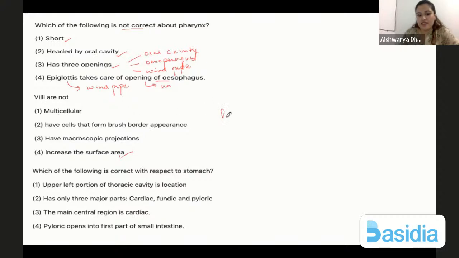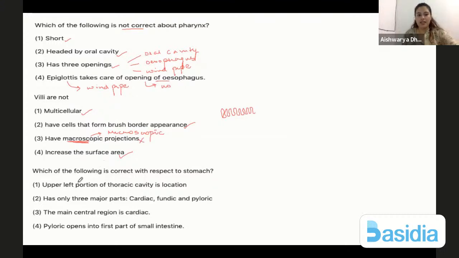Since they are present like this, they will give a brush border appearance also. They are multicellular because they are continuous layers. They are not macroscopic. They are microscopic. They cannot be seen with the naked eye. They can only be seen under the microscope. So this is the incorrect option.